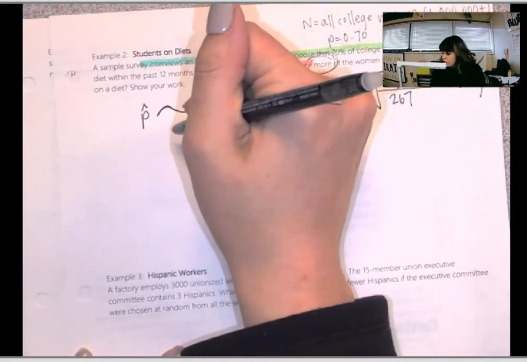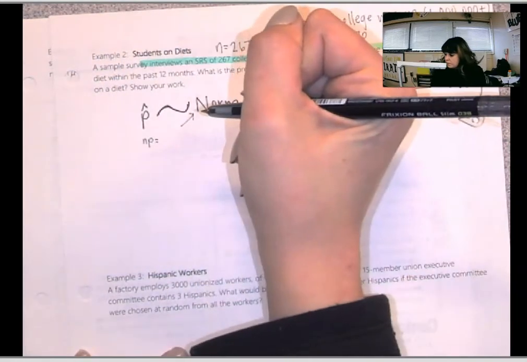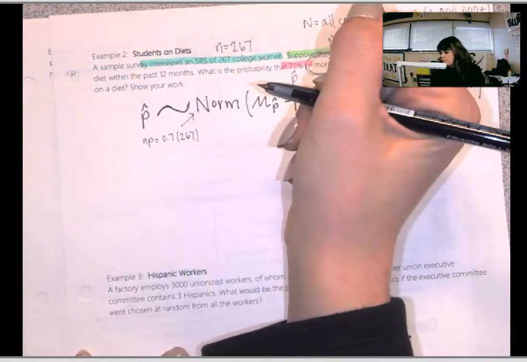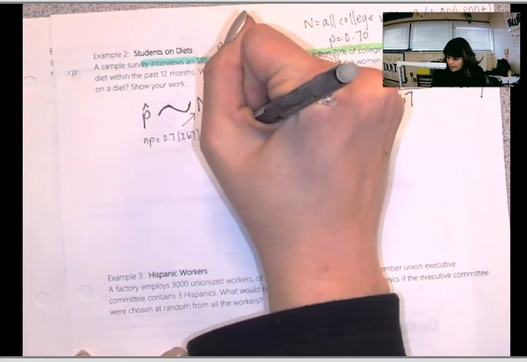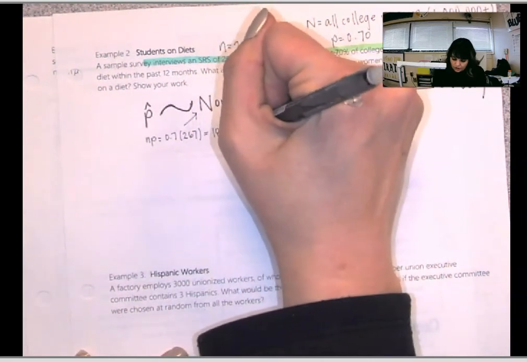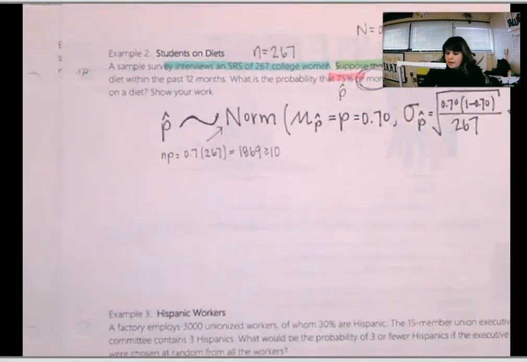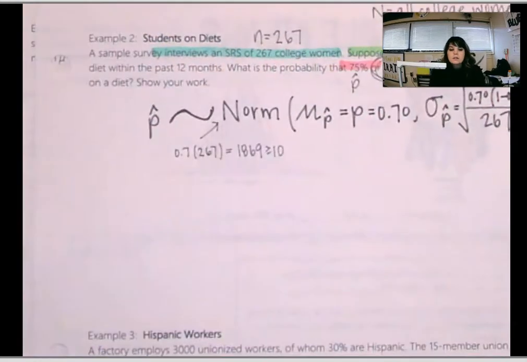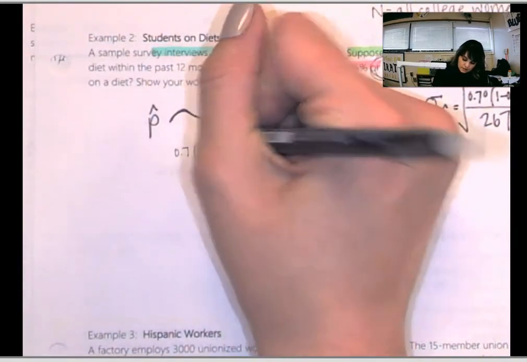So I'm going to do n times p, which is 0.7 times 267. That is equal to 1869, which is greater than or equal to 10. Now, you do not have to include that n times p. I'm putting it there so that you remember where I'm getting that, but you could have just written it like this. The next one we do is, sorry, I wrote that backward.